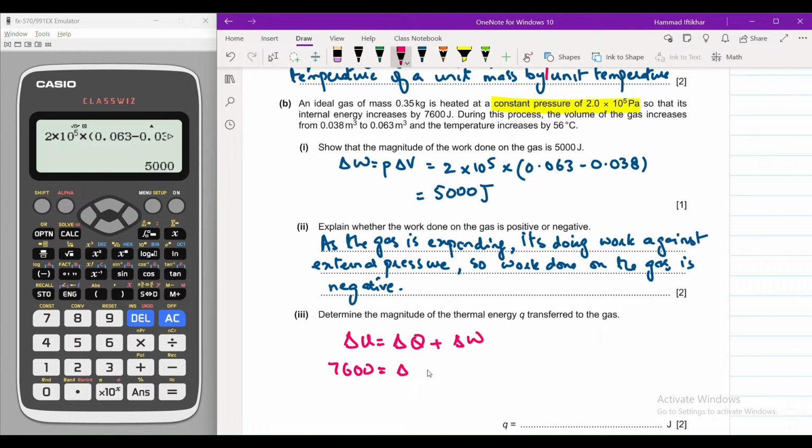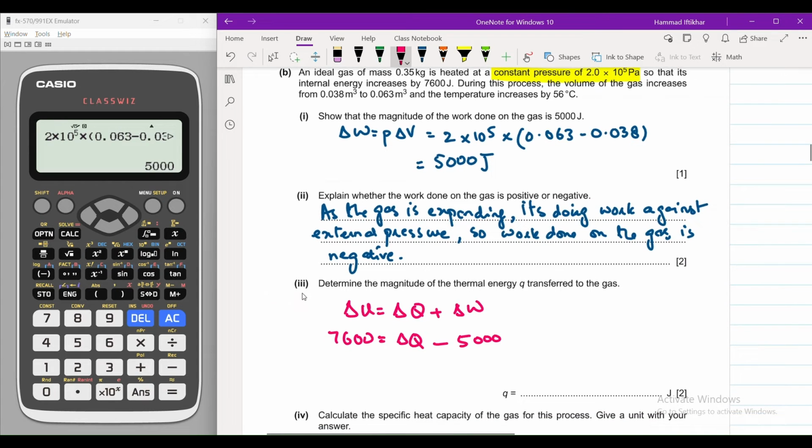And the work done on the gas was negative, so that's minus 5,000. So this means that Q, or the small q, however we want to call it, is 7,600 plus 5,000. So that is 12,600 joules.